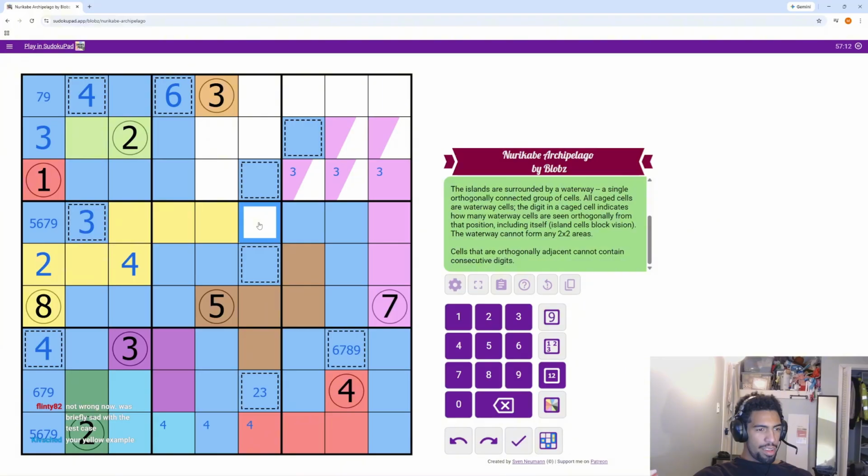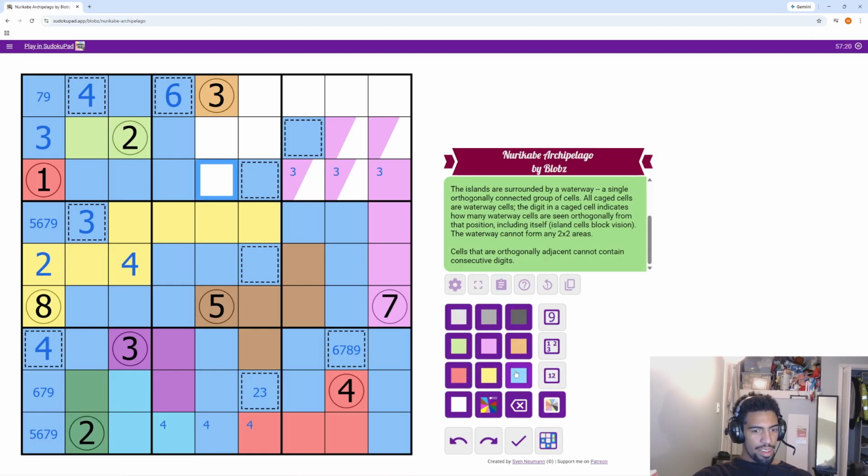Wait, 4, 5, 6, 7. I said that if this was yellow, and this was blue. Oh, rip to this water. Oh my goodness. Right.